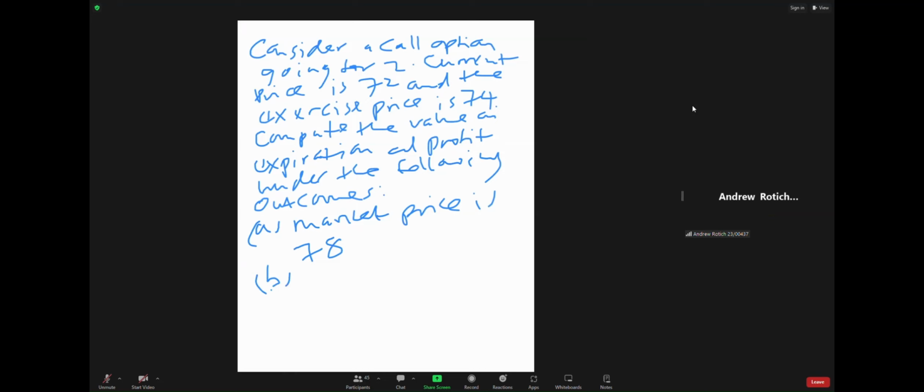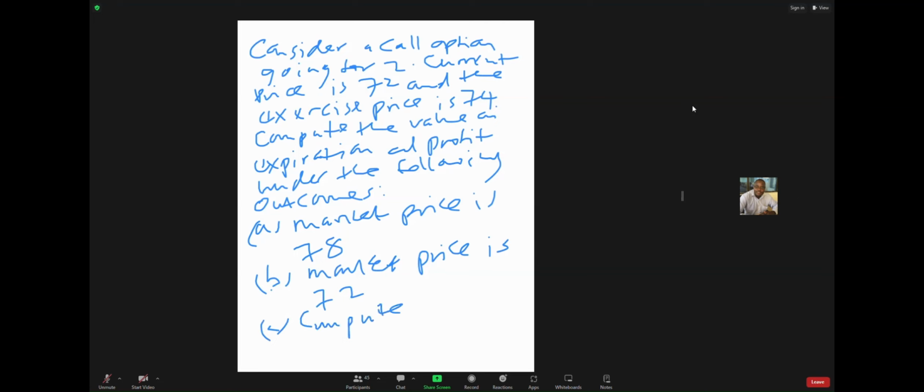B, market price is 72. Then you are also told to compute maximum profit and maximum loss.